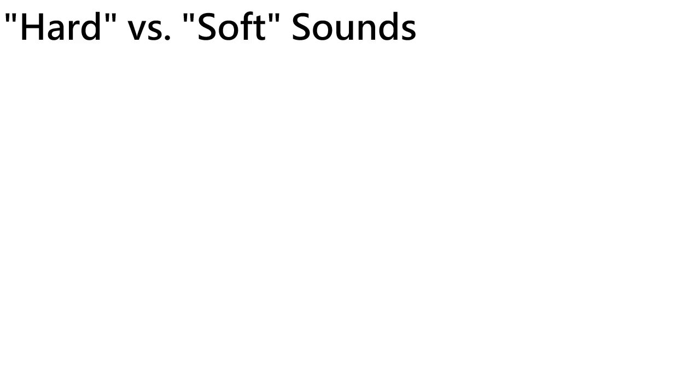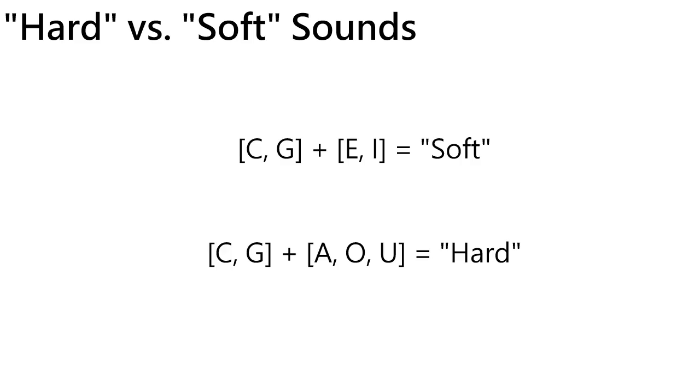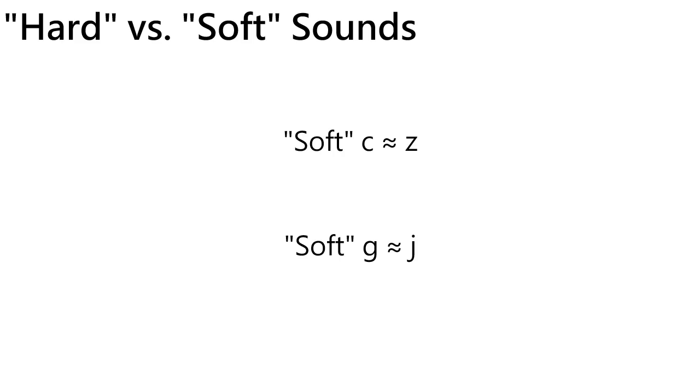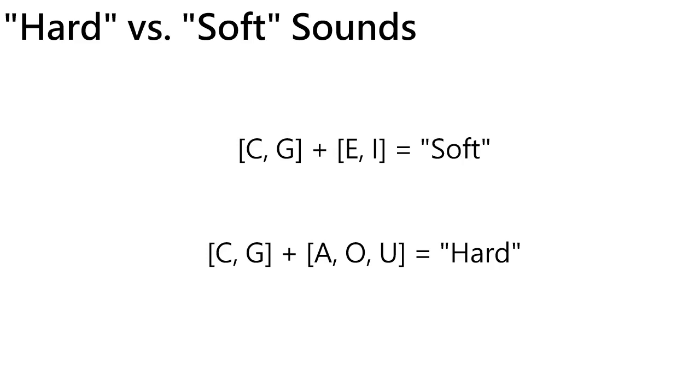In Spanish, the letters C and G can have both a soft and a hard pronunciation, depending on the vowel that follows them. When C or G are followed by an E or an I, they are pronounced as a soft sound, the same as Z and J respectively. On the other hand, when C or G are followed by an A, O, or U, they're pronounced as a hard sound, similar to the English K and G, respectively.